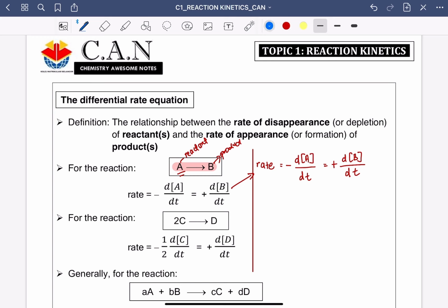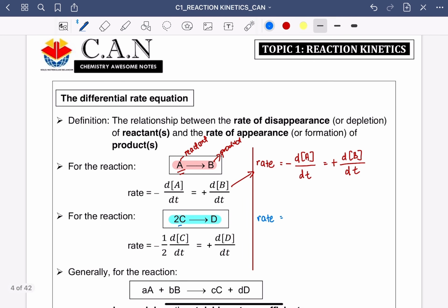Now let's take a look at the second one. Okay, 2C produce D. So for 2C, again, you have to write rate equivalent to, now C is a reactant, so we need to put negative. However, this time we have 2.